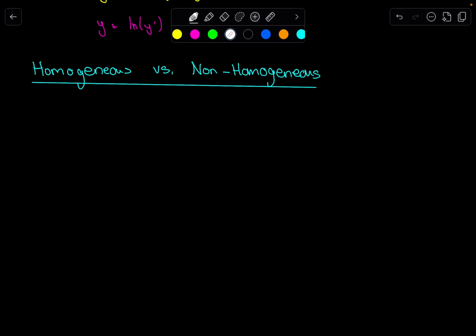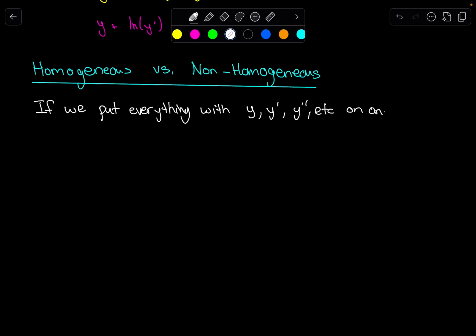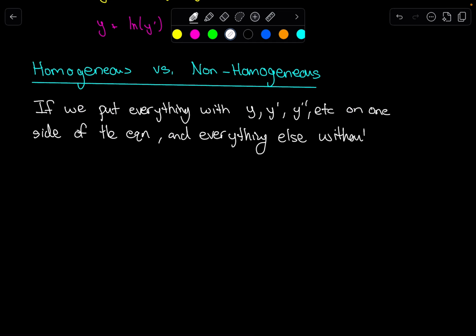But the idea behind being classified as homogeneous versus non-homogeneous is, if I have a differential equation and we put everything with a y prime, y double prime, etc. on one side of the equation, and everything else, everything without a y prime, etc., on the other side.